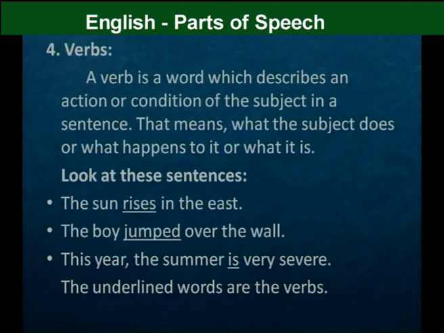What did the boy do? He jumped over the wall. So, these words, rises, jumped, in these two sentences, they tell about the action done by the subject in the sentence. The boy, what did he do? He jumped over the wall. The sun, what does it do? The sun rises in the east.